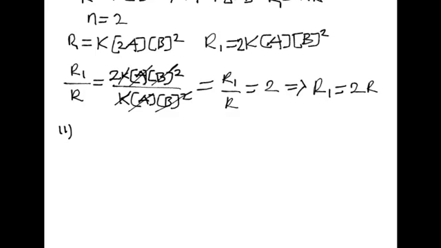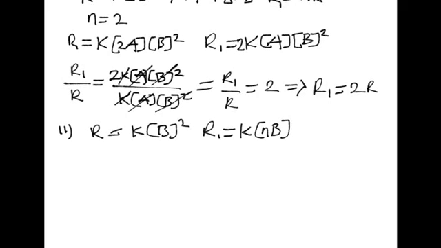This time we are doubling the concentration of B, but remember that B is a second order reactant, so let's see: R equals K times bracket B squared, and now we are doubling it to give us R1, and then we have K times bracket nB. We increase the concentration by n to the power of the square.